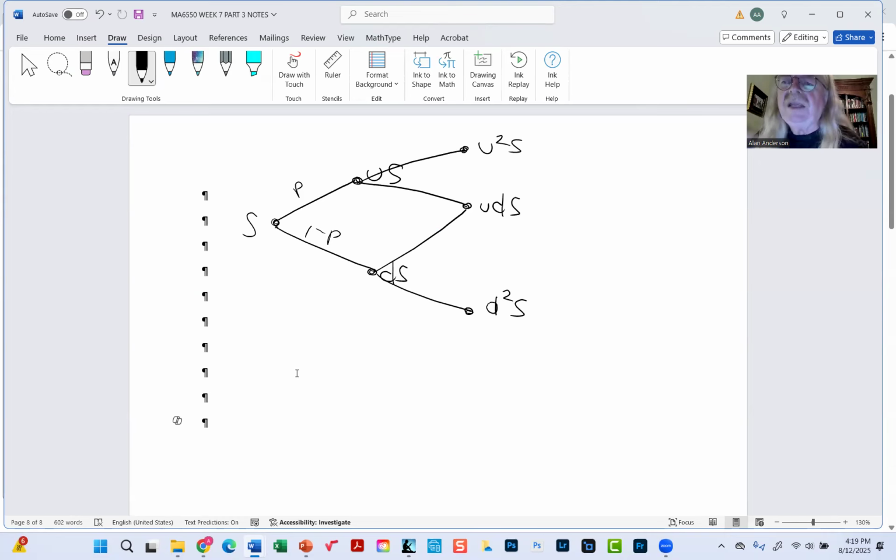It's implied that the P never changed. We don't have to keep labeling it all over the place. P means the probability of going up, 1 minus P means going down. So we're also going to need to define a tree for the option price.